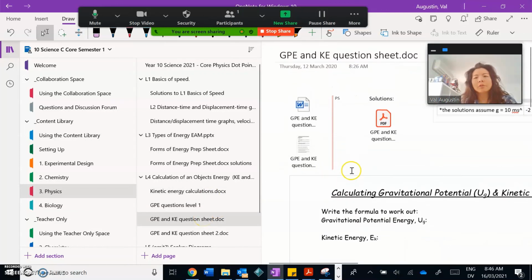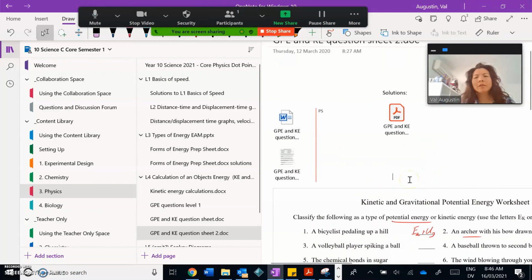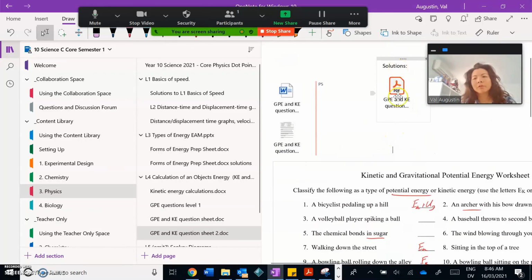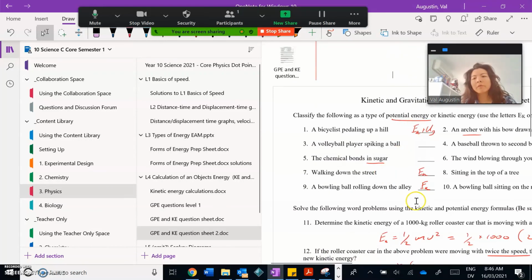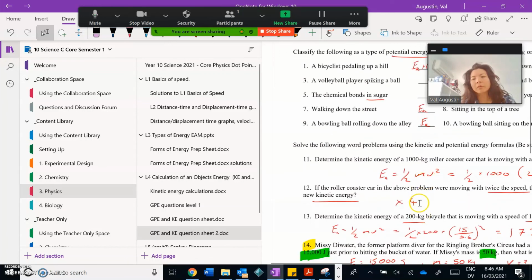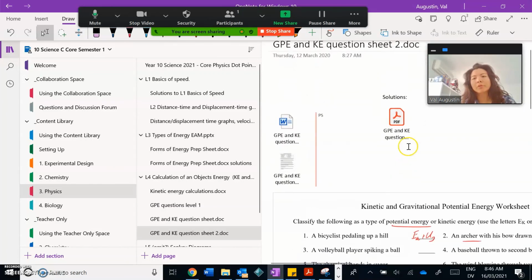Then this one is a mixture of both, and the solutions here are using g equals 10, so they might be a little bit off because you're supposed to use 9.8. But if they're roughly the right number, you've done the right thing. This last question is a mixture again, and the solutions are up here. Some of the solutions are starting here as well, but all the solutions are in here.